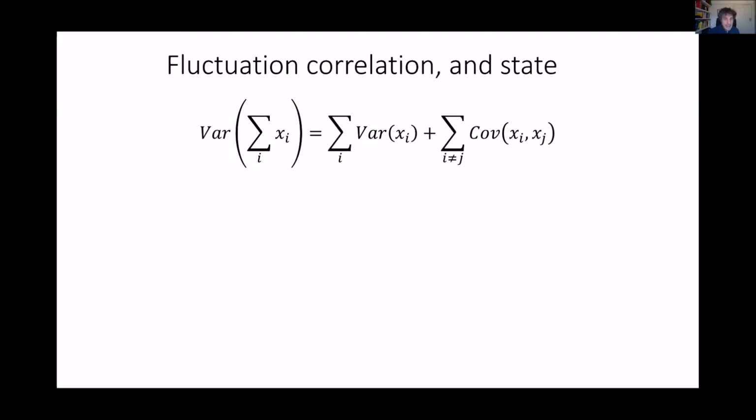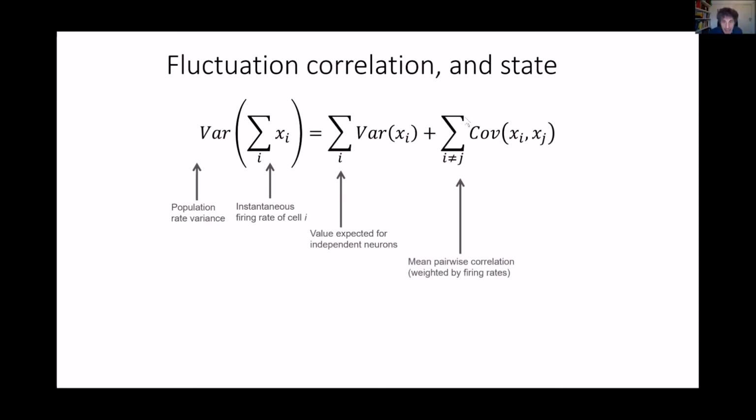I'd encourage you all to do it. But we can apply this now to our neurons and see what it means when you have these fluctuations in population rate. This sum is the population rate. On the left, we have the variance in the population rate, the amount of fluctuation in the population rate. This bit is the value you would expect if the neurons are independent, because independent variances add.